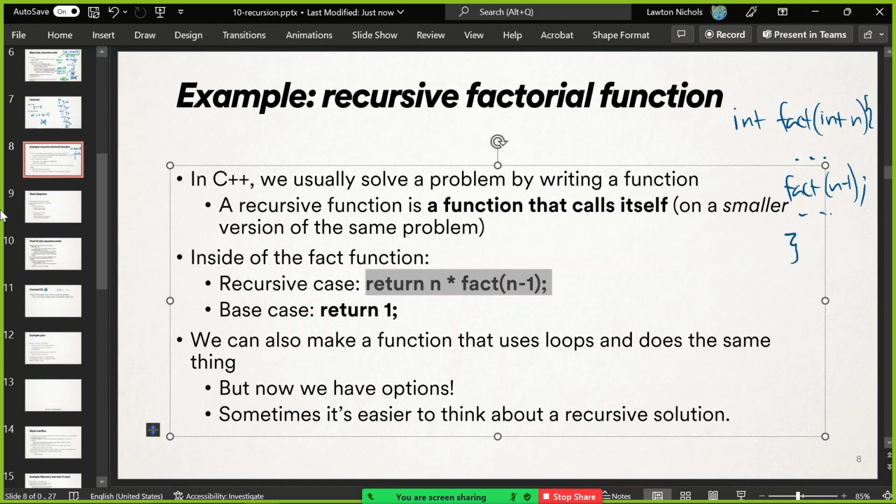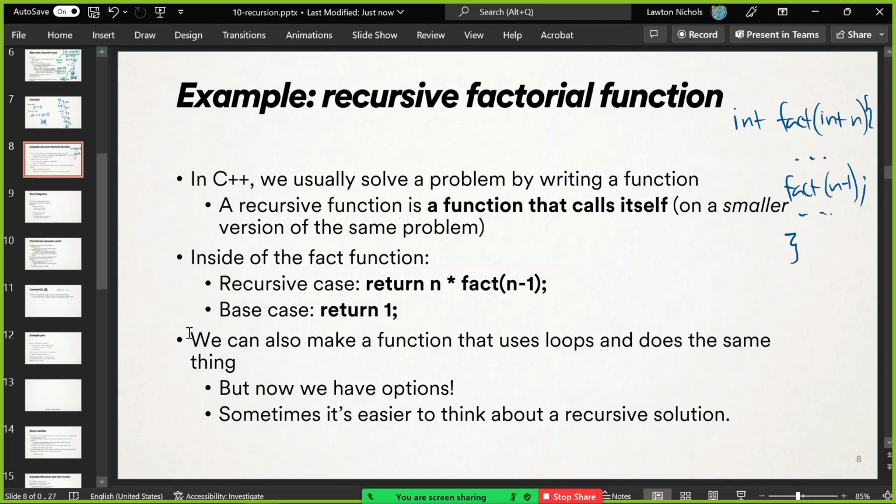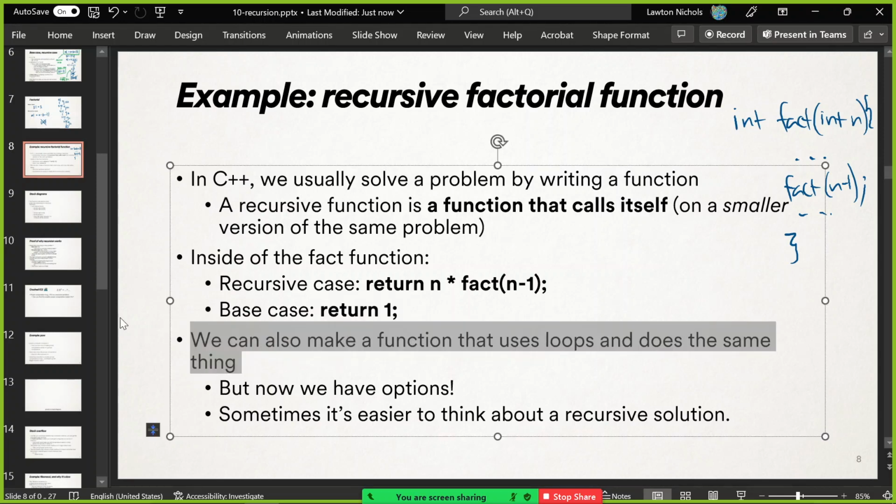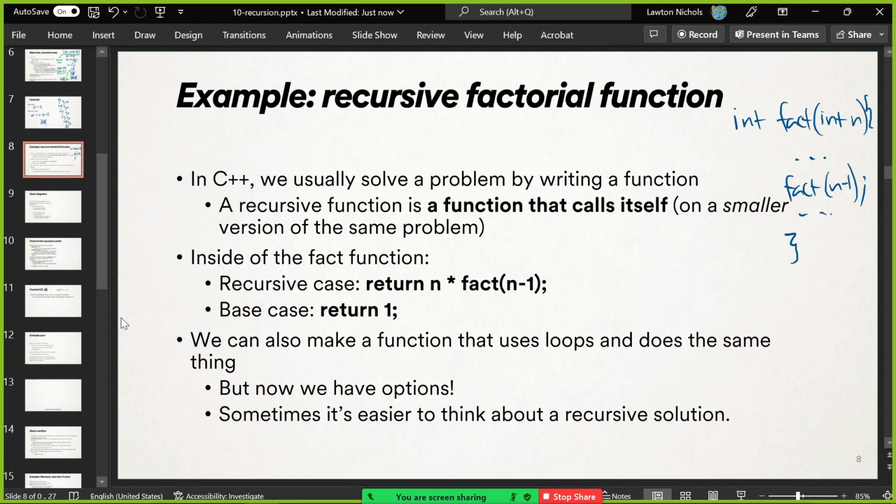And this is inside of the fact function definition. All right? If you're in the base case, you know that the answer is immediately 1 if somebody's trying to ask for the factorial of 1. That is the answer. That's the way it works. And then I'll show you the same thing doing loops, but we'll get the same answer. It's a function that calls itself. That's the key. That's what recursion is all about. We're working on ourselves.